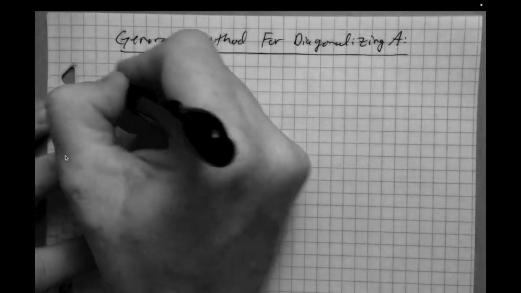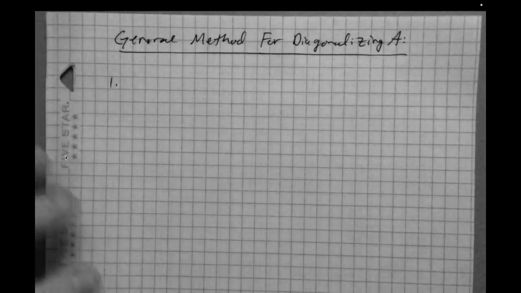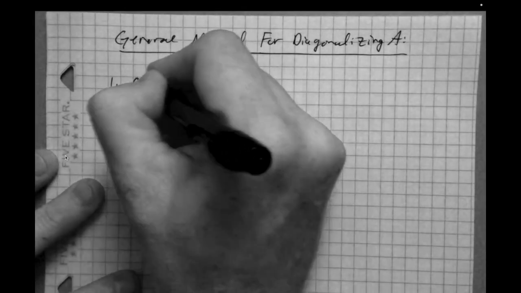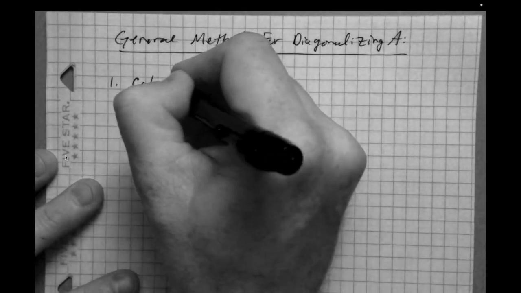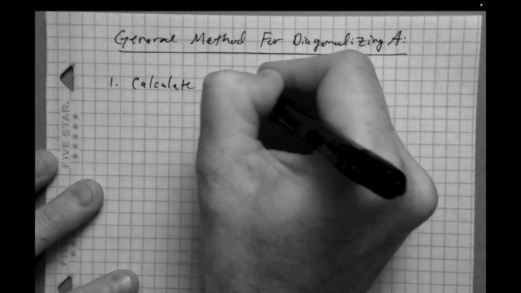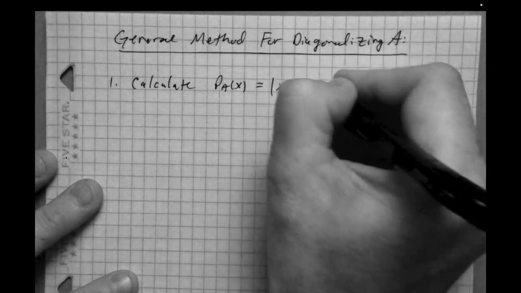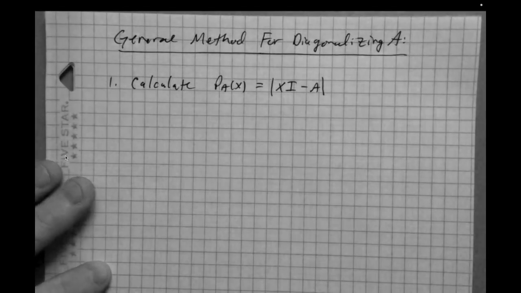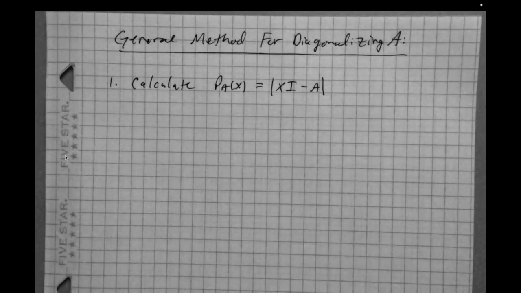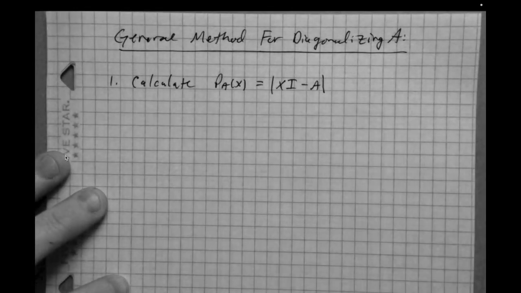The first thing we have to do is calculate the characteristic polynomial, the determinant of x times the identity minus A. This is to identify the eigenvalues.